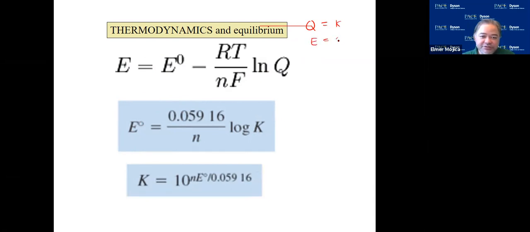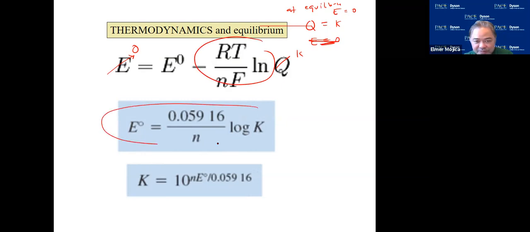Your E is equal to 0. So this happens at equilibrium. Or the way we do it, at equilibrium, E is equal to 0 and Q is equal to K. So what happened here, you end up with this thing because this becomes 0 and this becomes K. So the way that you're going to do is you can move this side to the other side, giving you this thing. And if you want to get the K, you end up with this value.